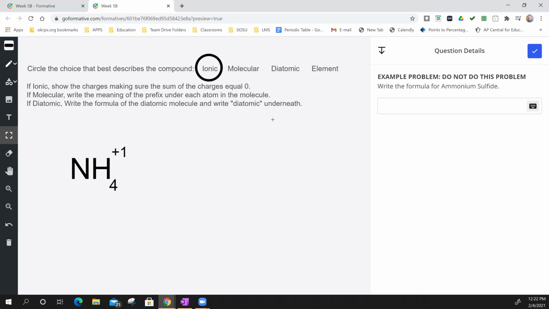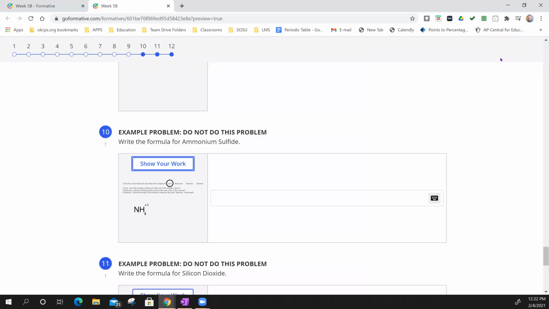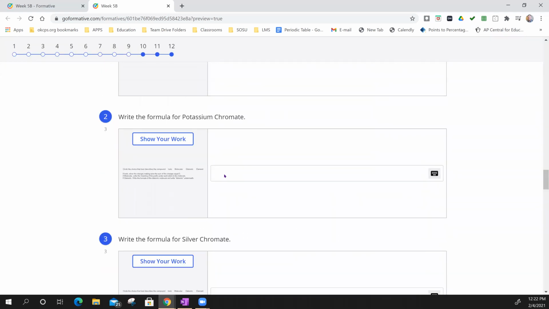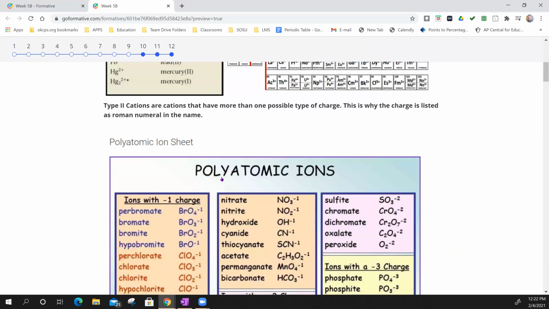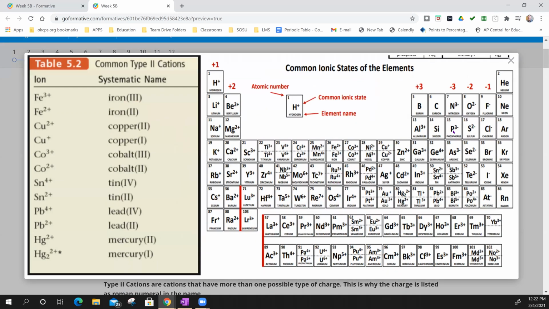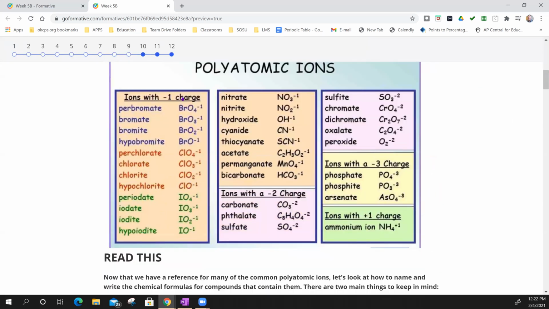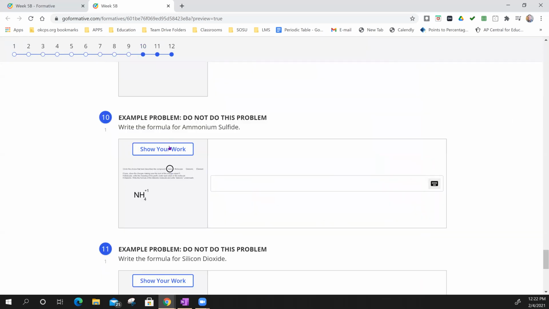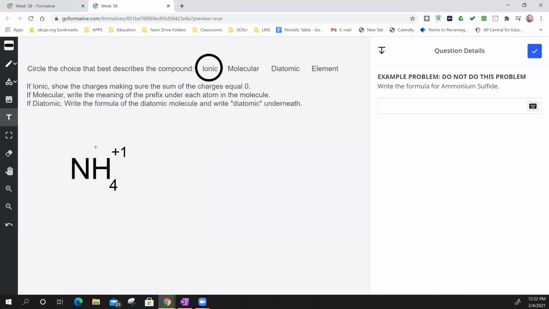Now we need to find sulfide. And sulfide is sulfur as an ion. So we just go to our periodic table, we see sulfur, and that sulfide is an ion that has a -2 charge. And so we go back to number 10, we go to show your work, and we're going to type in sulfur, and then we're going to show that that has a -2 charge.